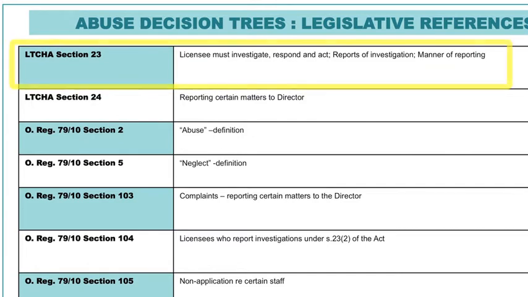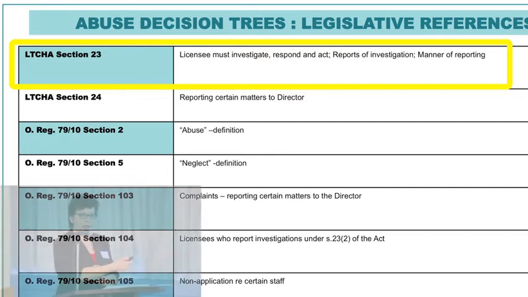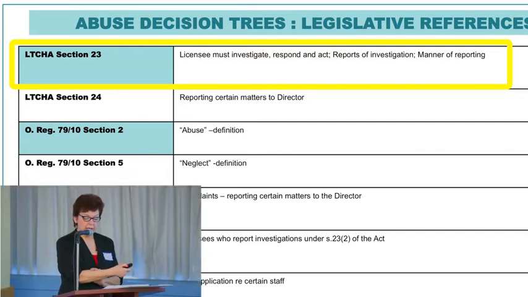This Section 23 is the whole section about how the licensee must investigate, respond, and act, reports of investigation, and how they have to report, their manner of reporting. It's not the purpose of the decision trees to walk through or break down that Section 23, but it is certainly a very parallel and required and essential process and expectation.